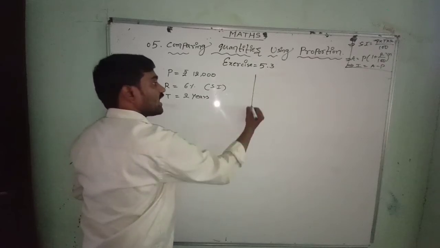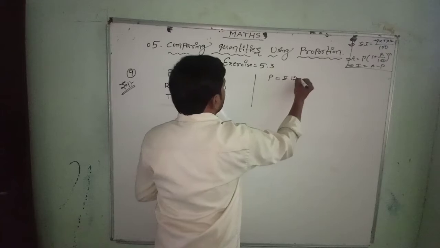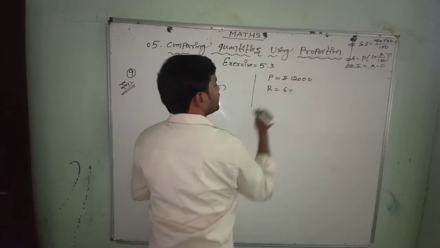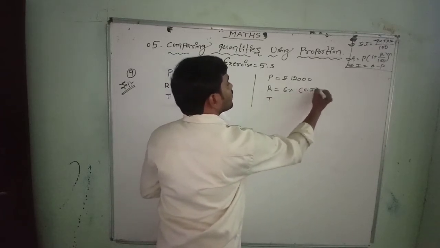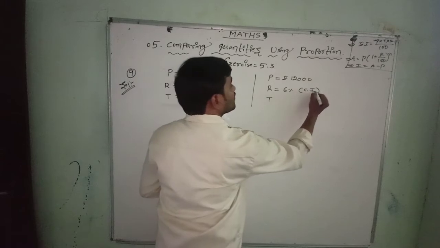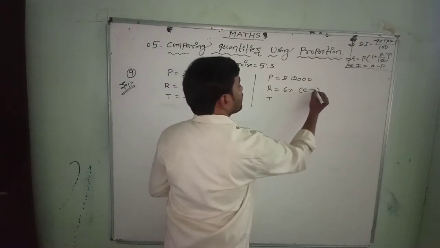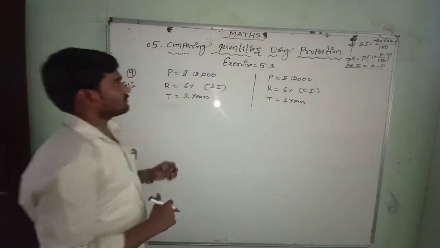The same amount, principal P equal to rupees 12,000, he had taken at the rate of 6% only, but here it is compound interest per annum. So here also t equal to 2 years.